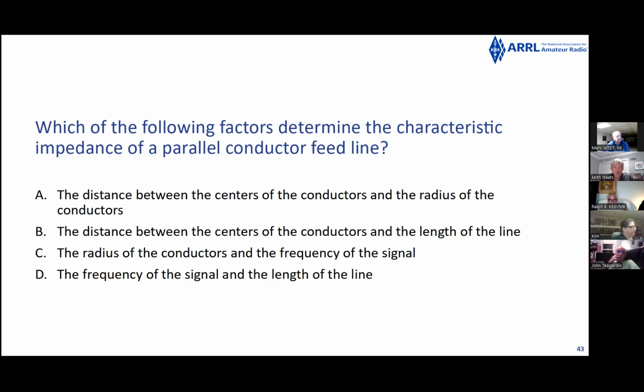The distance between the centers of the conductors and the radius of the conductors, the distance between the centers of the conductors and the length of the line, the radius of the conductors and the frequency of the signal, the frequency of the signal and the length of the line. That one is A, I believe. Yep. Distance between the centers of the conductors and the radius of the conductors.